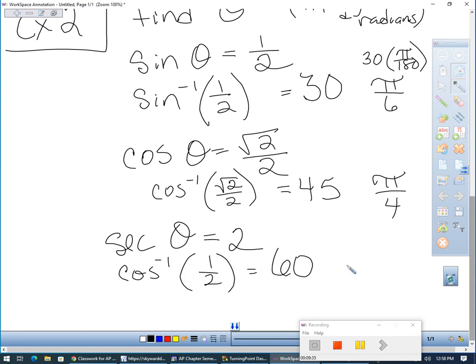What is that in radians? Pi over 3. Very good. You should have a degree sign there. All right, so we're good so far? Okay. All right, next section.